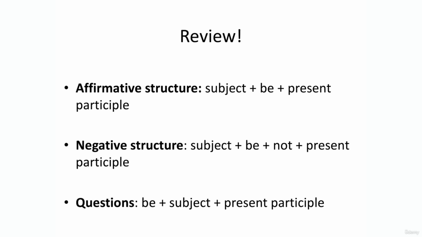To form negative sentences, we use the construction subject, auxiliary verb to be, not, present participle. And finally, to ask questions, we place the auxiliary to be at the beginning of the sentence and follow it with the subject and the present participle.